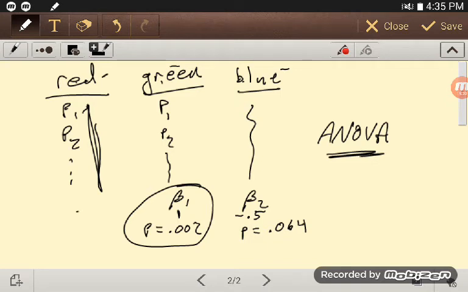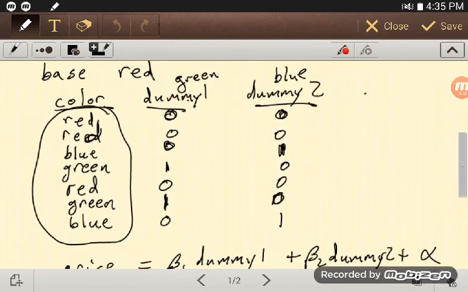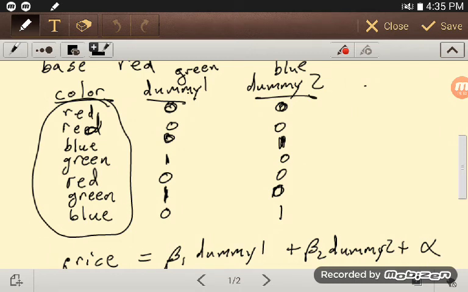So actually, we can essentially run an analysis of variance using the regression tools. We just have to do it, if we go back here, with these dummy variables, the 0, 1s, and this is how we fill in those 0, 1s.